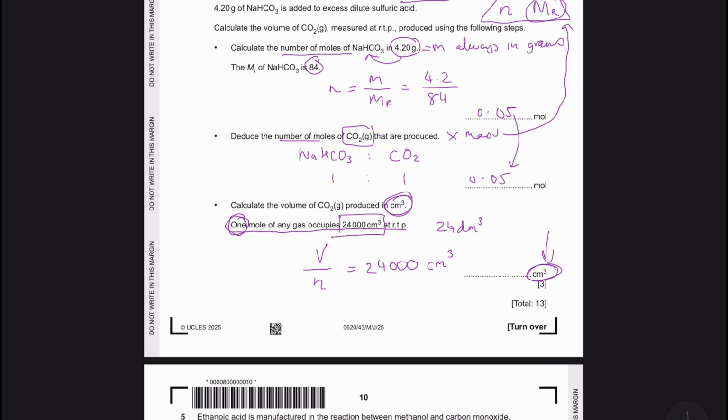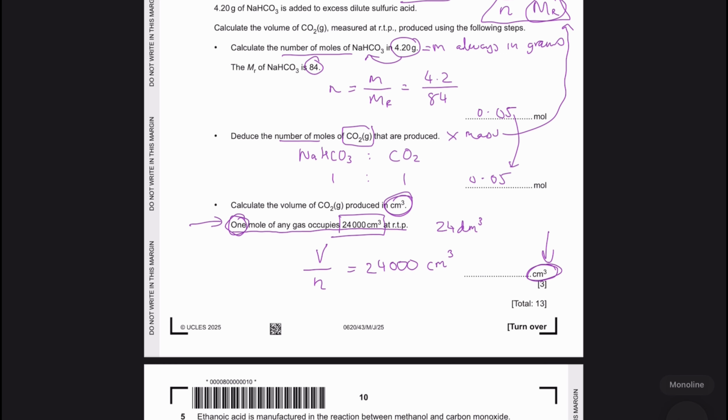That's what they're trying to tell you by this information. Like, for example, if I said I have 1 kilo of flour, that equals 10 cakes. If I wanted to make 20 cakes, how much flour would I need? I would need double. Okay, so volume per mole is 24,000 centimeters cubed, or 24 decimeters cubed if we wanted our final answer in decimeters cubed.